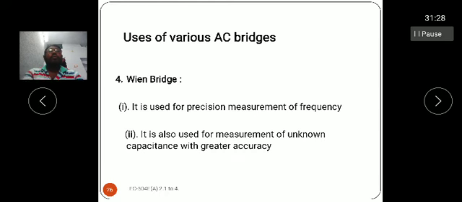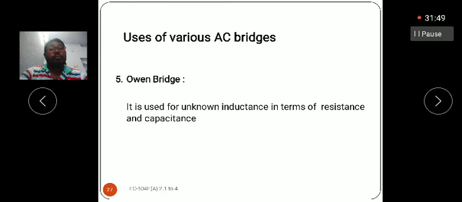It is also used for measuring unknown capacitance with greater accuracy.